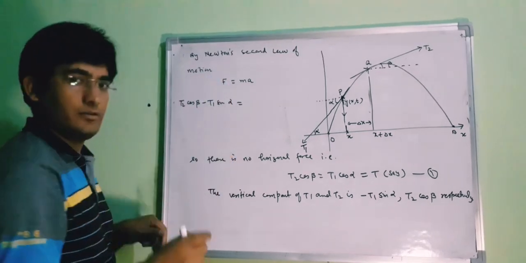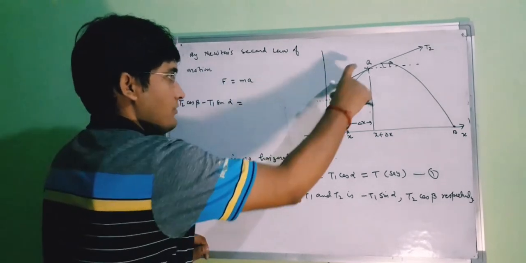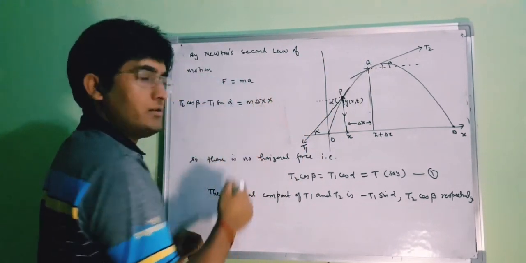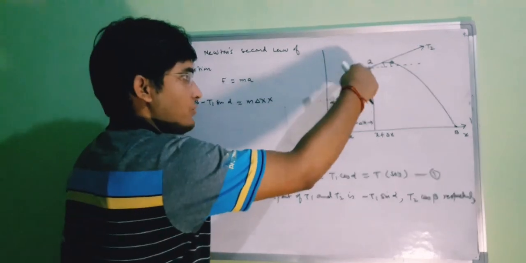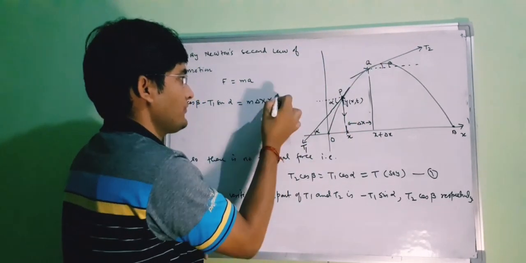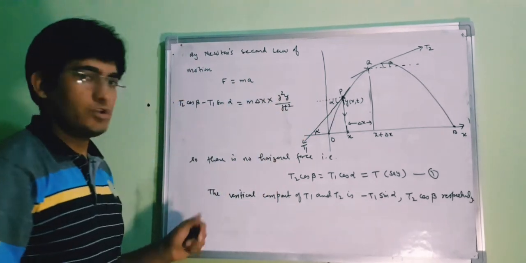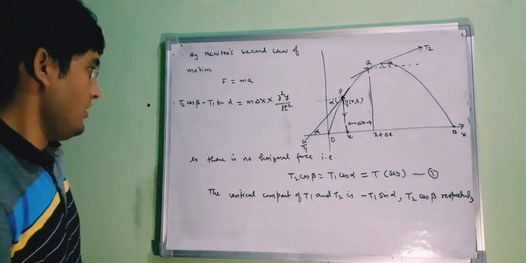The mass of the string for the length PQ was m into delta x. The acceleration at some point is del 2 y upon del t2. So this will be the acceleration.